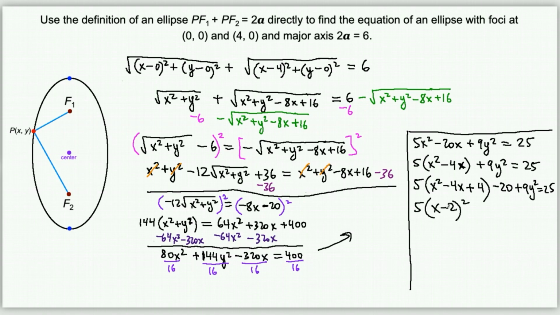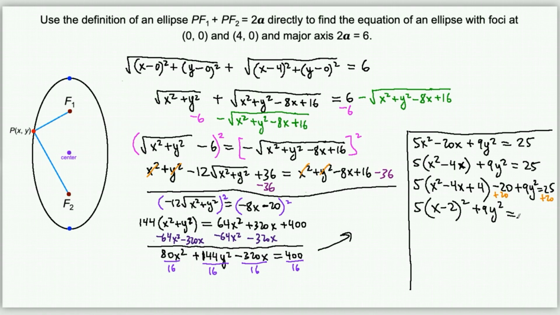It's basically x minus, writing 1/2 of this coefficient after the x. 1/2 of this coefficient is minus 2, so x minus 2 squared. And then this is minus 20. Well, let's write 9y squared first, and then let's add the 20 while we're at it. Add the 20 on both sides, because that's a constant.